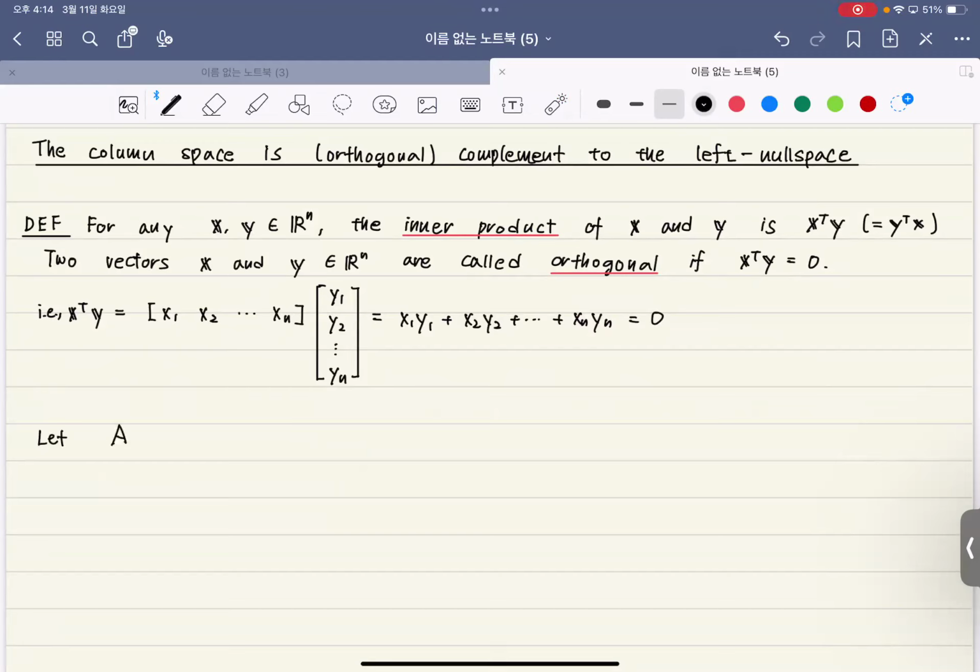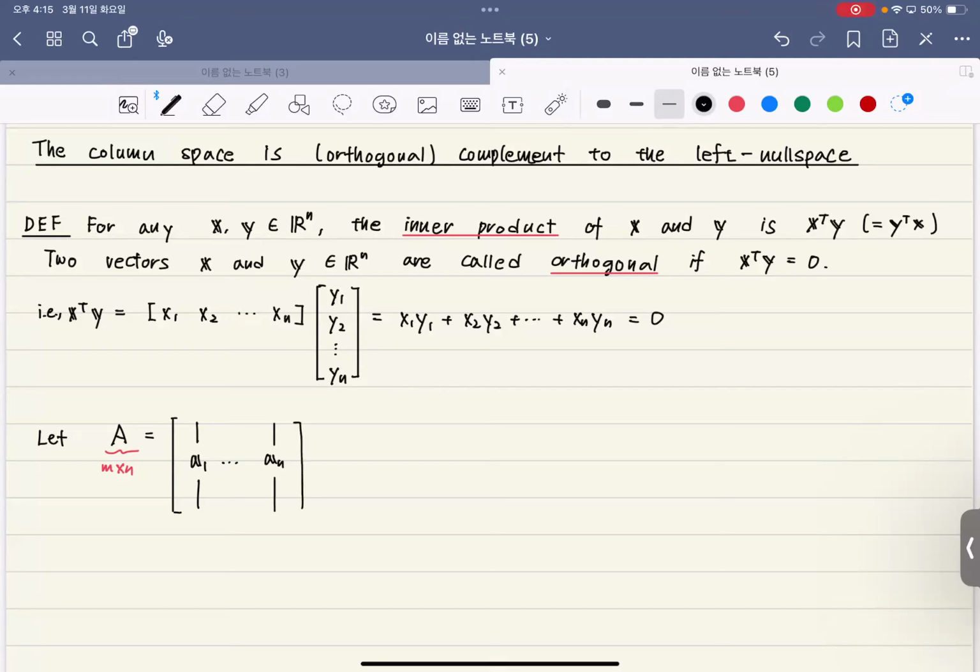Now, let me go back to the column space and the left null space. I have an m by n matrix A, and I want to consider my matrix as a collection of columns from A1 all the way up to An.